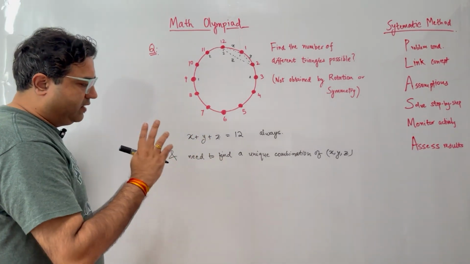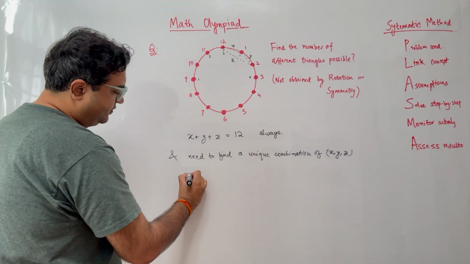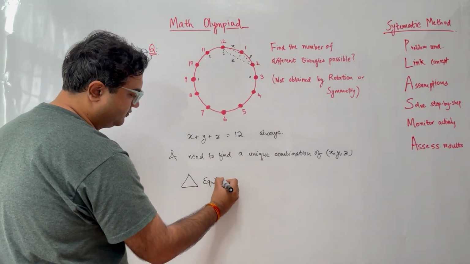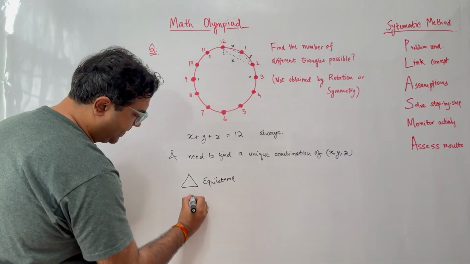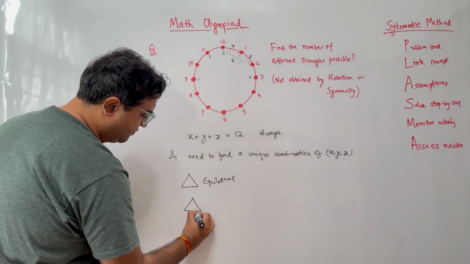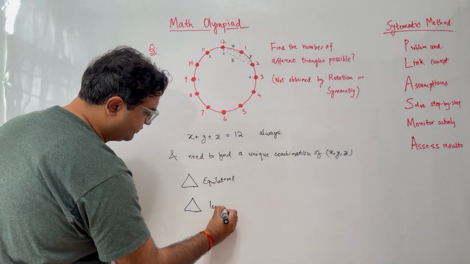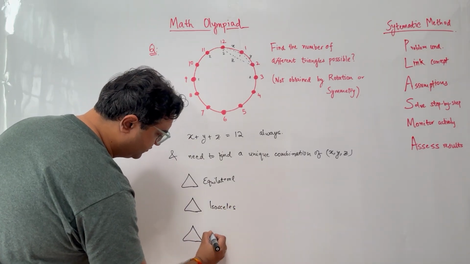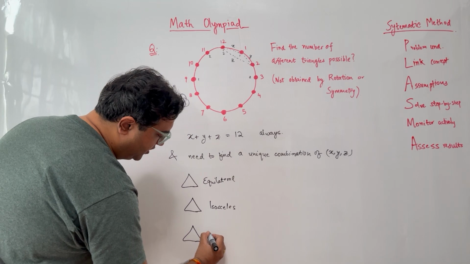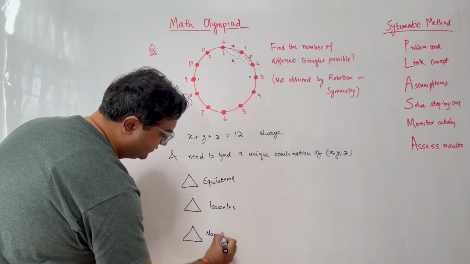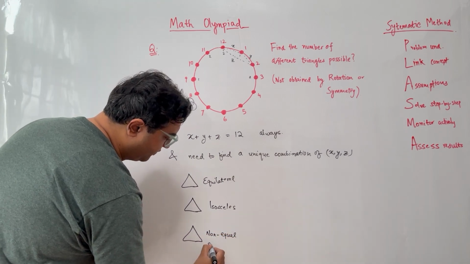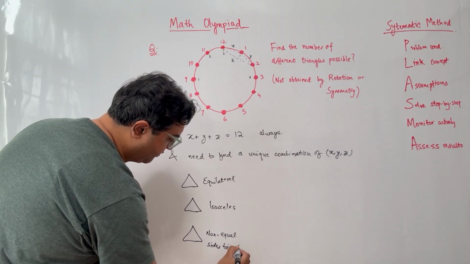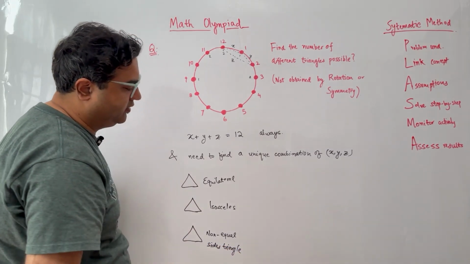So a triangle can be either equilateral, or it can be isosceles, or it can be non-equal sides triangle. Okay.